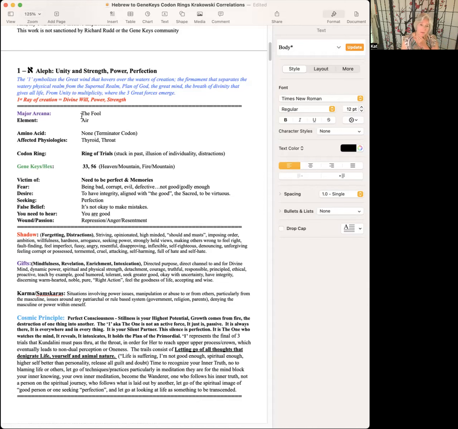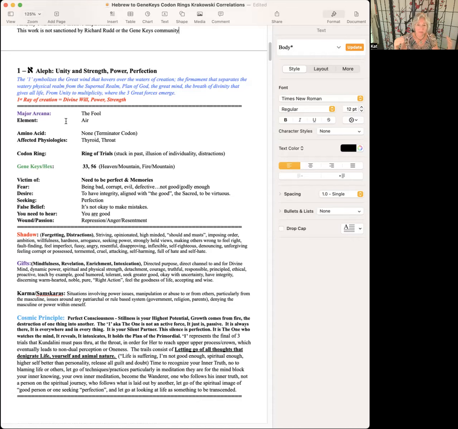Now, in regards to the major arcana, there are several different Trees of Life out there and their placement of the Hebrew letters and the different pathways. There are Jewish and Hebrew type placements, and then there's the Western occult placements and the correlations of the tarot.